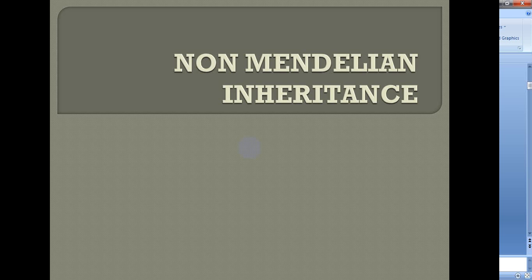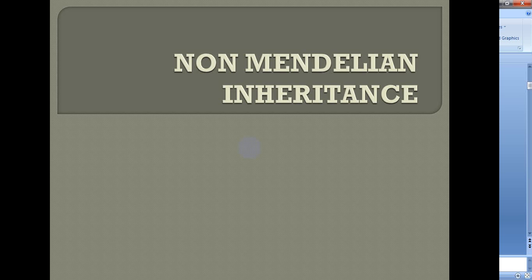But later on it was observed that this 1:1 relationship is not always necessary, and there may be cases where more than one factor or gene controls a single character.